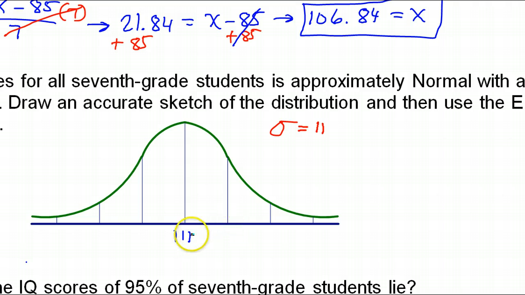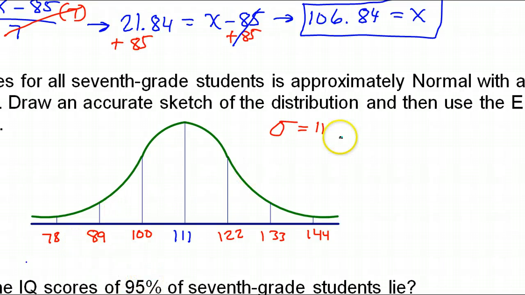So I'm just going to add 11 each time: 122, 133, 144. Similarly, I will subtract 11 going in this direction: 100, then 89, and then 78. Just put them in those spots.